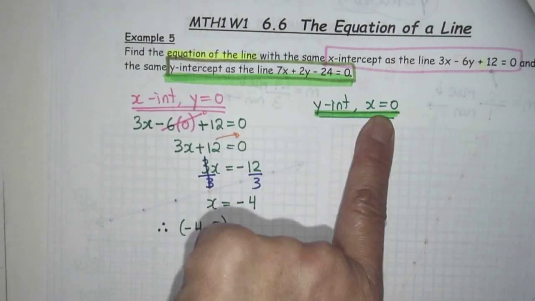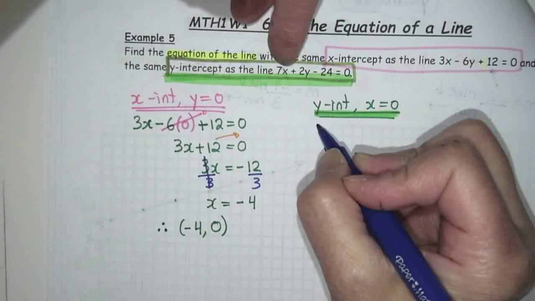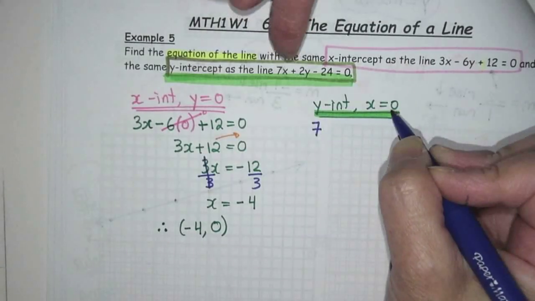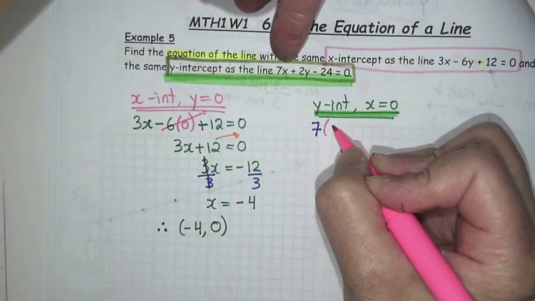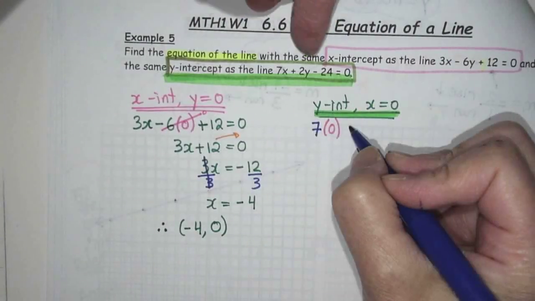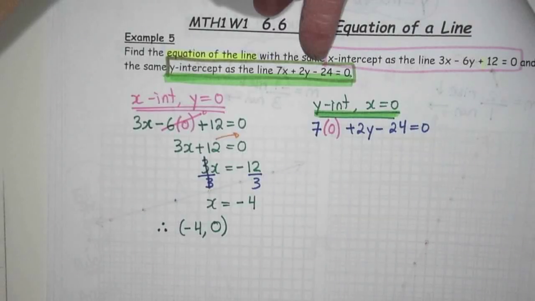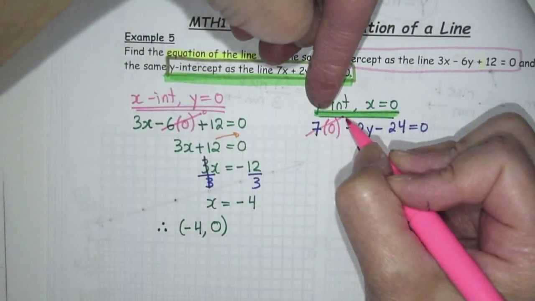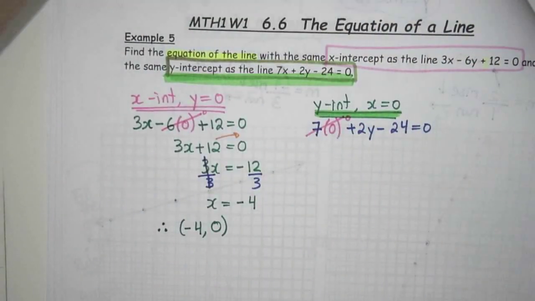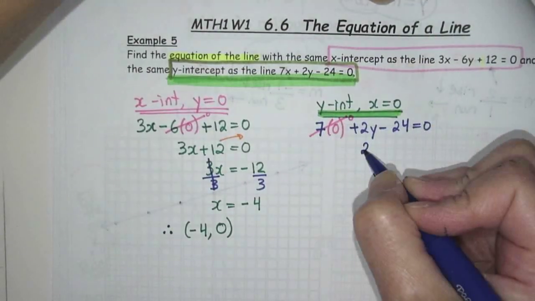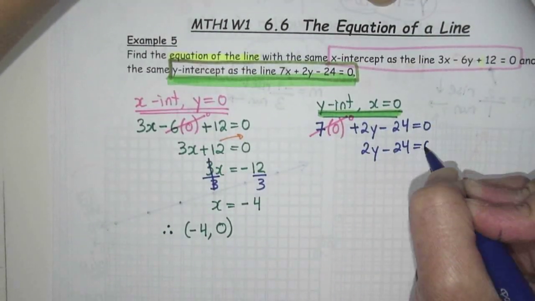We're going to take this equation and go 7, and wherever you see x, we're going to sub in 0 in a bracket, plus 2y minus 24 equals 0. 0 times anything is 0, so that's gone. I rewrite it without that, so 2y minus 24 equals 0.